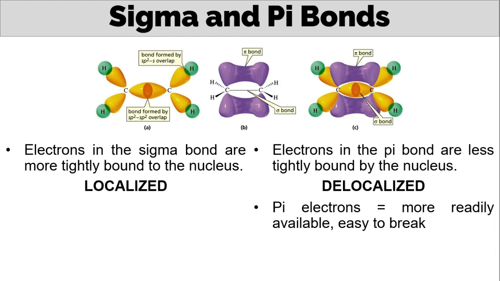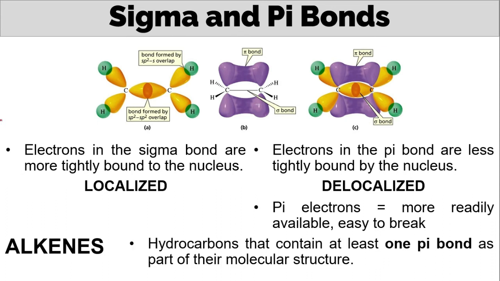So they are alkenes. Alkenes are hydrocarbons that contain at least one pi bond as part of their molecular structure. Again, one pi bond. By this definition, the simplest possible alkene must contain two carbon atoms, and it is called ethene or ethylene, which we have discussed a while ago. So here is a Lewis and a line angle representation of ethene.